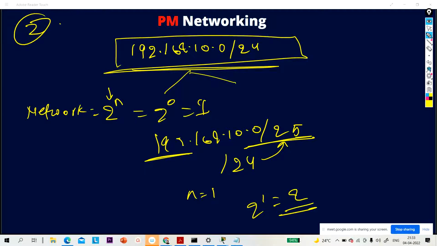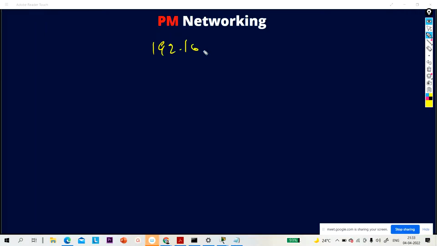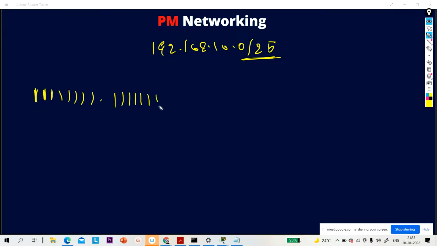So guys, see, 192.168.10.0/25. If I am using /25, what will be the subnet mask? If you write the /25 CIDR value in binary, you will get 8 ones, 8 ones, 8 ones, and then 1 followed by 0000000.